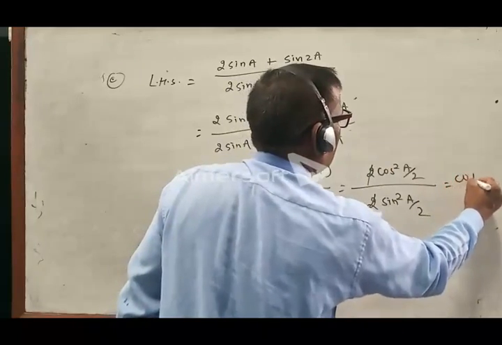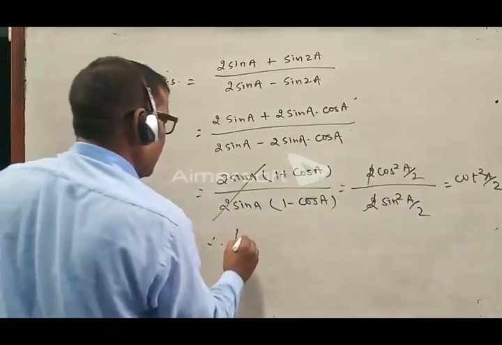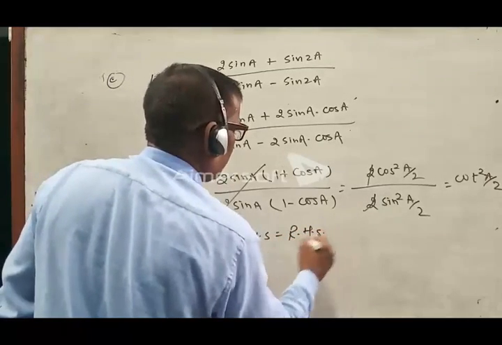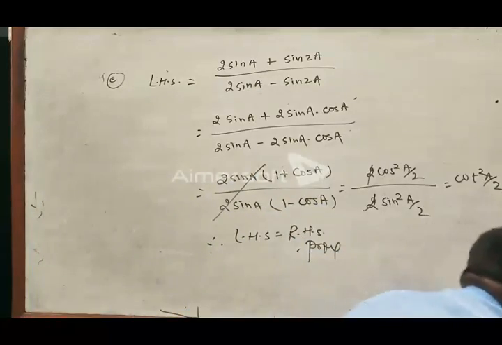So cos by sin is equal to cot. Therefore, LHS is equal to RHS. Our proof is complete. Today is finished.